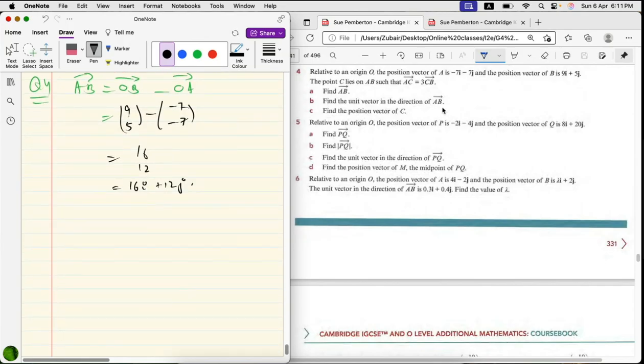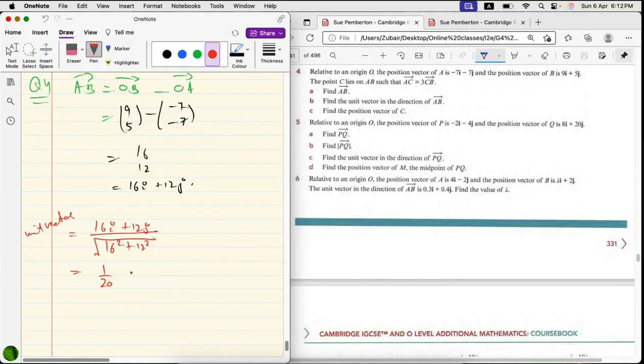Find the unit vector in direction AB. Unit vector is the vector divided by its magnitude, square root of 16 squared plus 12 squared. So this is the unit vector in the direction of AB. 16 squared plus 12 squared, I'm getting exactly 20.